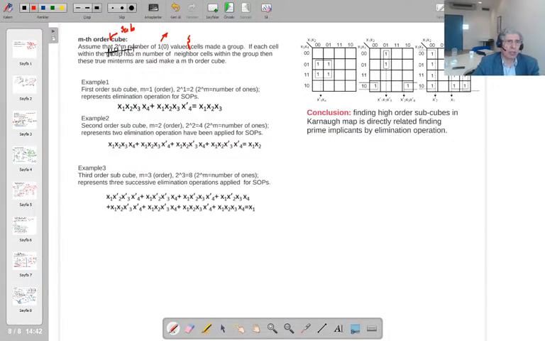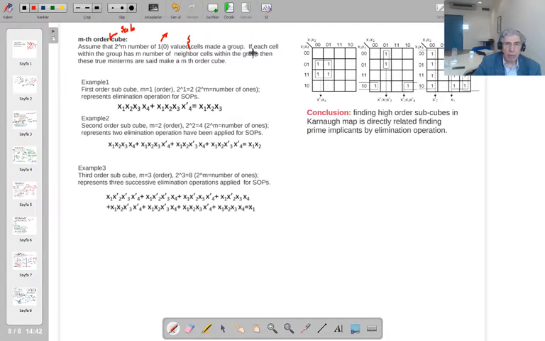This group is what we are going to call a second order subcube. A second order subcube has 4 ones in it, but any 4 ones do not make a subcube. So we are going to separate those from the others.